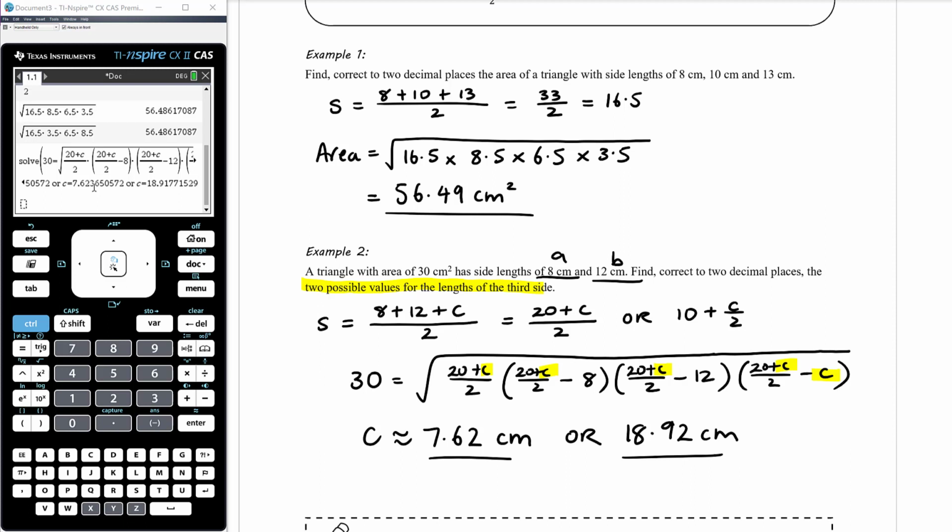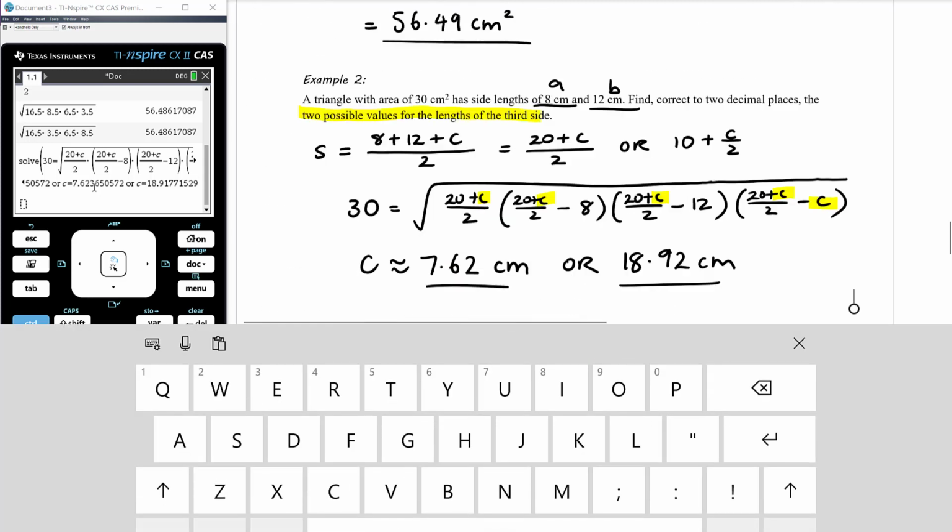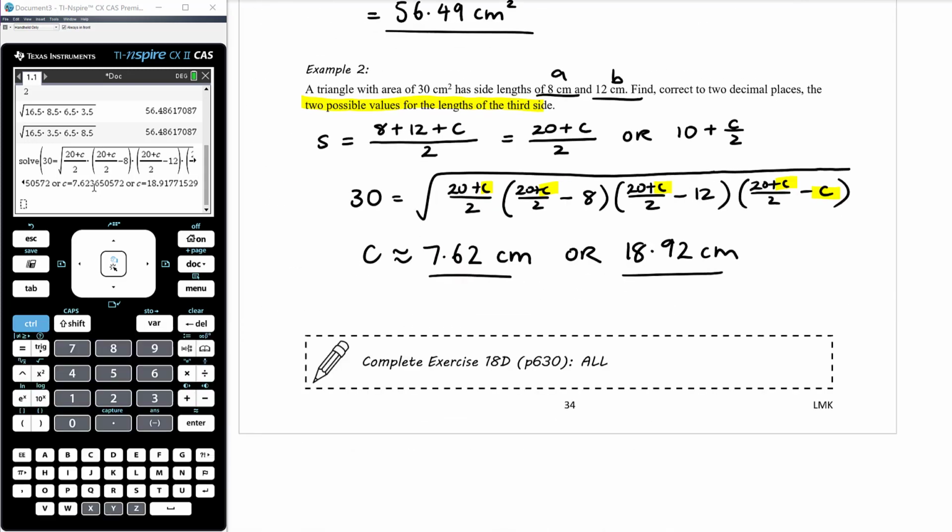So if we had a triangle with side lengths of 8, 12, and 7.62, it would have an area of 30. But equally, a triangle with side lengths of 8, 12, and 18.92 would also have an area of 30. If C was 7.62, that's the shortest side length, so you're getting a kind of fat triangle.